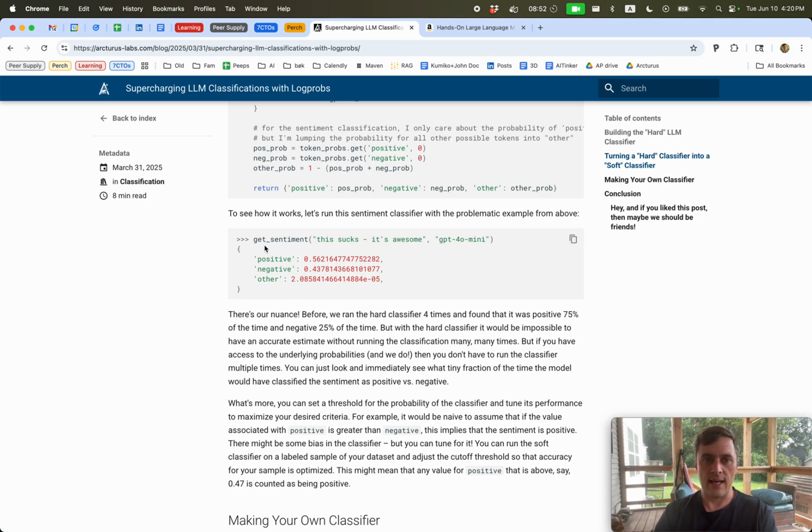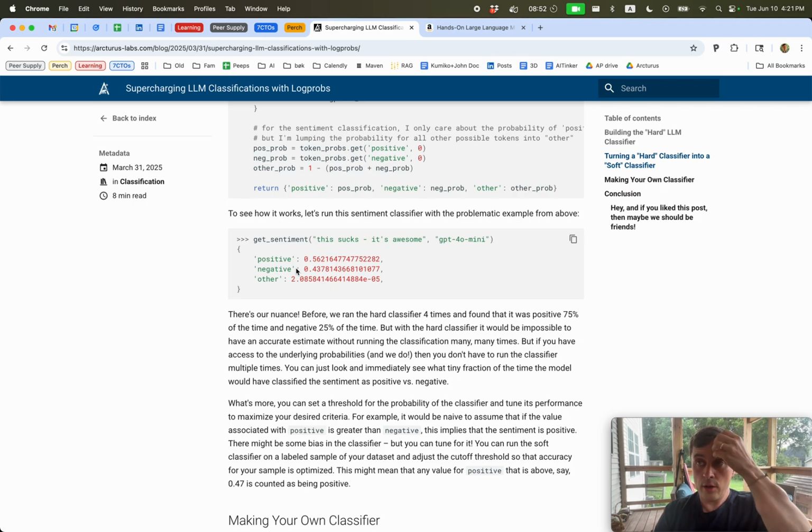And the good thing is that whenever I say get sentiment with my really ambiguous string there, even though the outcome is positive, it wasn't overwhelmingly positive. You can see by looking at the token probabilities that the model itself was quite confused.